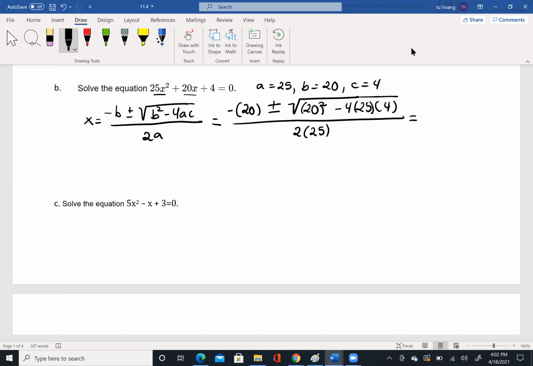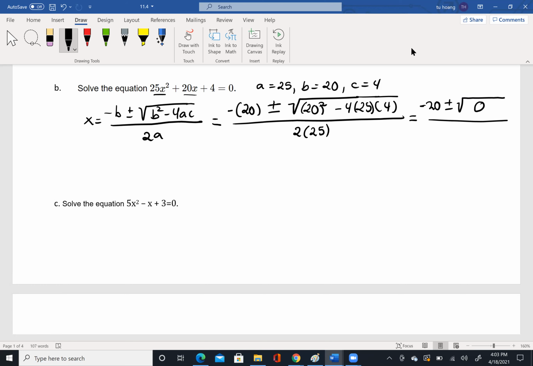Okay, so now I will have negative 20 plus and minus the square root of 20 squared minus 4 times 25 times 4, which is going to be equal to 0. See, you can use a calculator and see that, right?